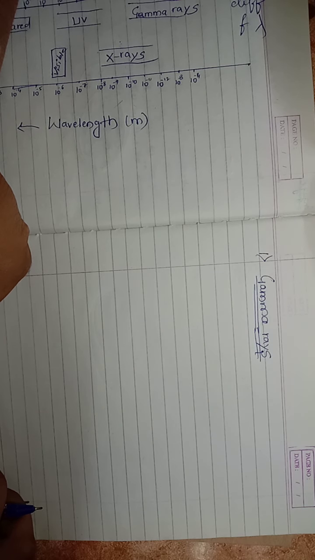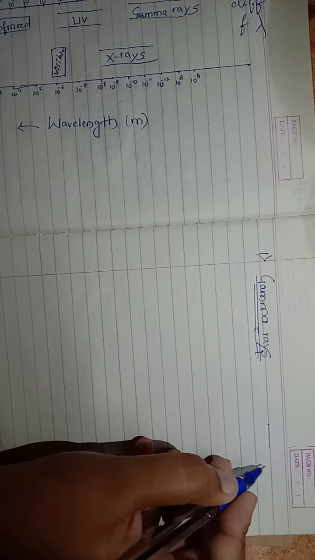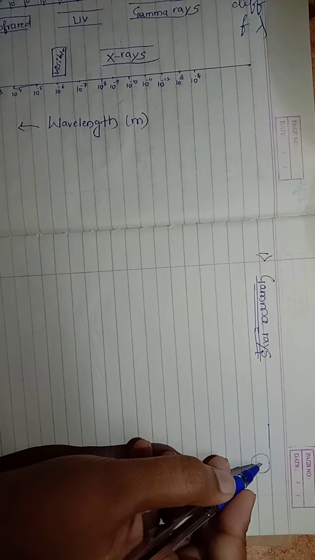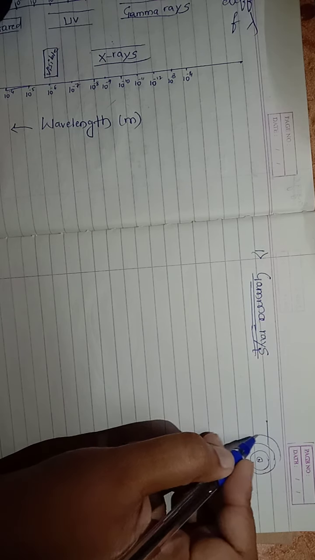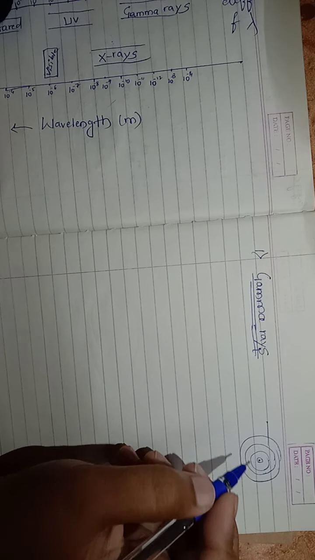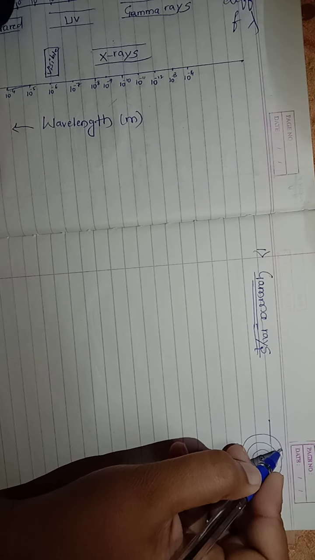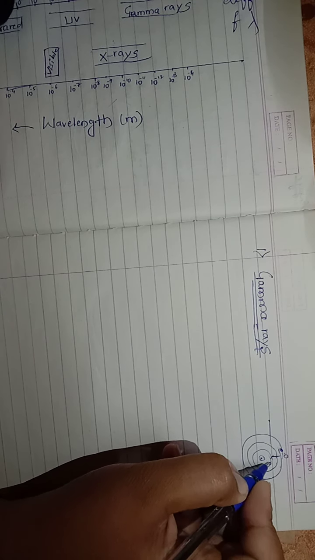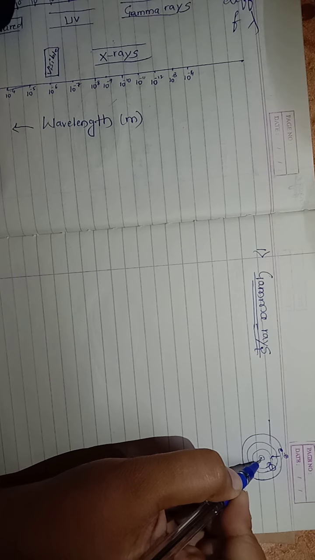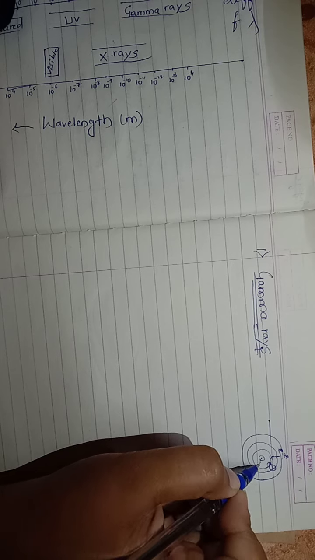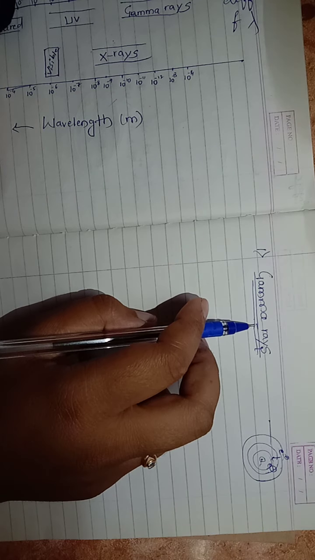These gamma rays are produced by an electron jumping from a higher orbit to a lower orbit. Like this, if orbits are there, around the nucleus the electrons revolve in the orbits. When an electron jumps from a higher orbit to a lower orbit, at that time gamma rays are produced.